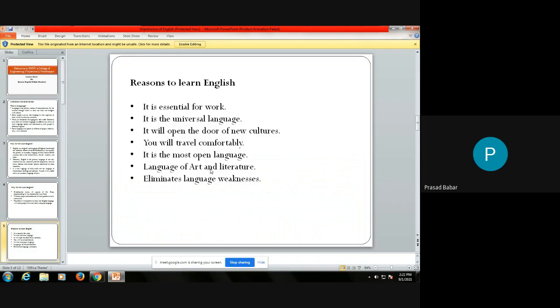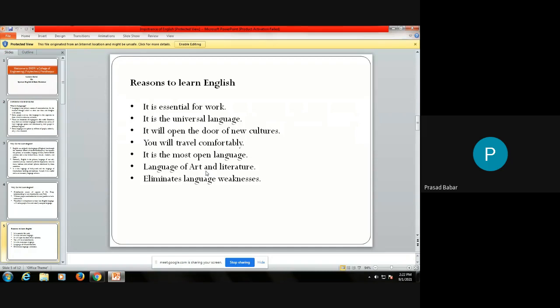The next is language of art and literature. Yes, it is the language of art and literature. So if we want to know world literature, or American literature or British literature or Indian literature itself, it will be written only in English.